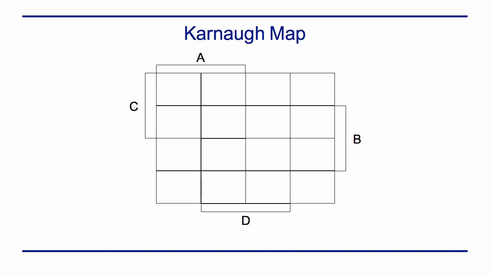Karnaugh Map. A Karnaugh map consists of cells. Each cell corresponds to a row in the truth table of the Boolean function, so there are as many cells in the map as rows in the truth table. Each cell will contain either a 1 or a 0, depending on the value in the corresponding row of the truth table.